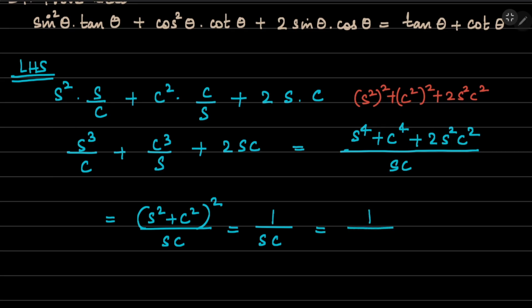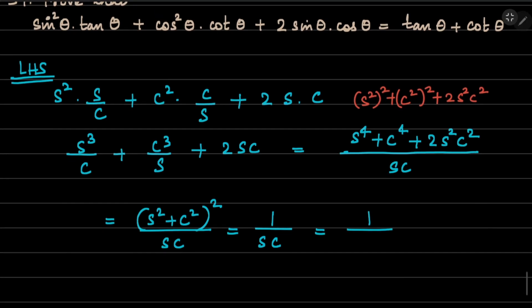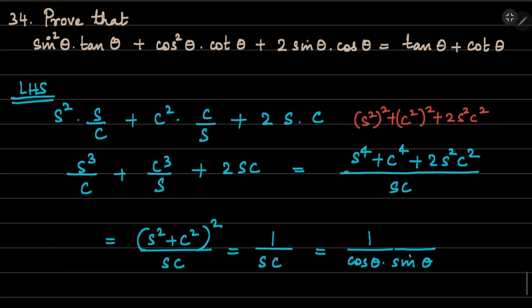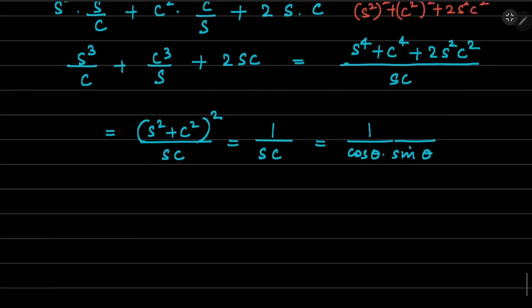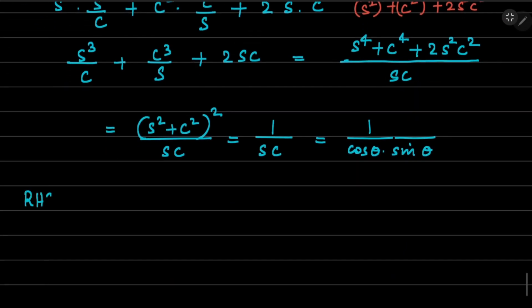So I can write it as 1 over cos theta into sine theta. So this is my LHS. For the RHS, what is tan theta plus cot theta? Sine by cos plus cos by sine, take the LCM.